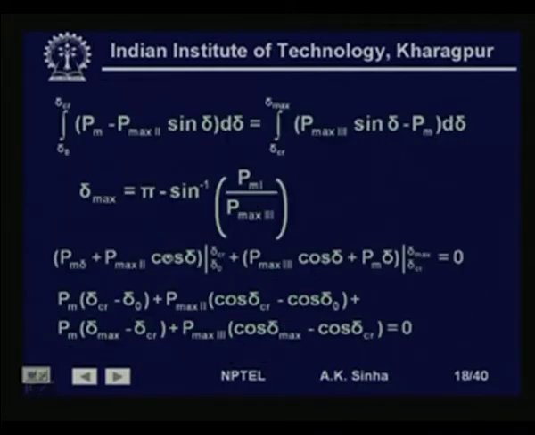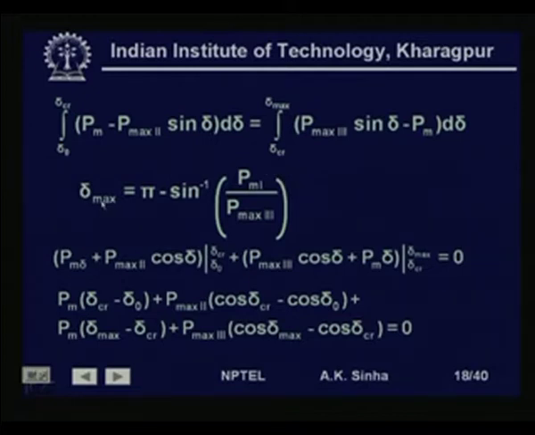So, using this we get delta max is equal to pi minus sin inverse Pm1 by Pmax3, or Pmax1 by Pmax3. So, this is what we get as delta max, because we have pi minus delta max is equal to sin inverse Pmax1 by Pmax3.